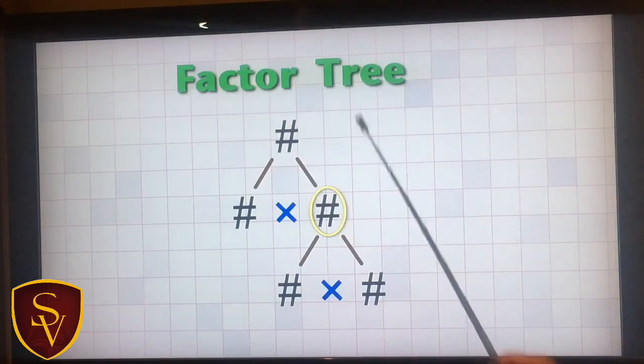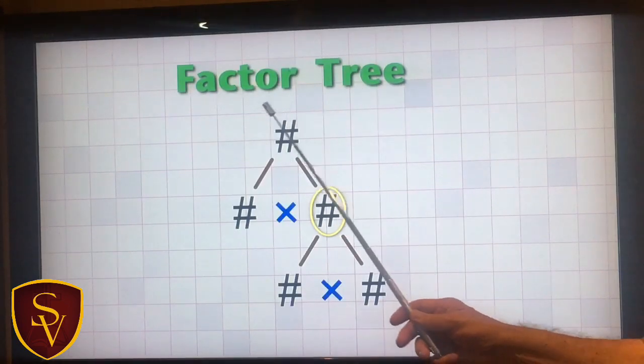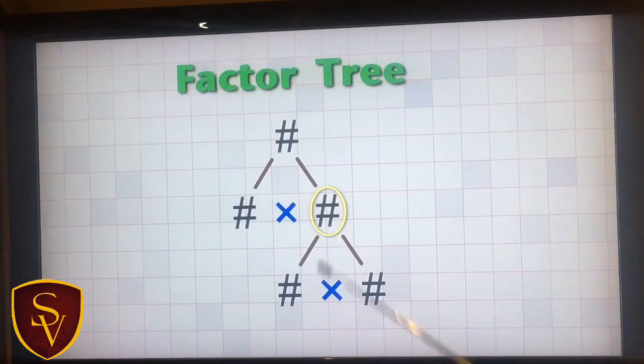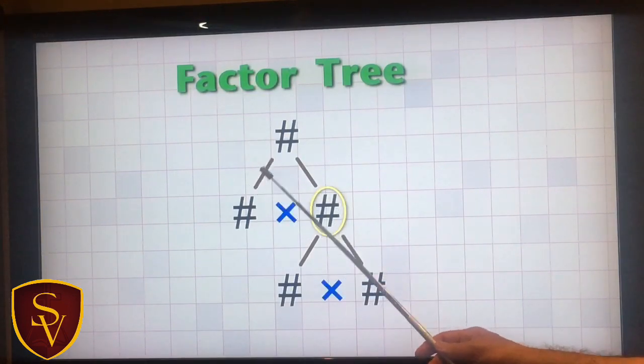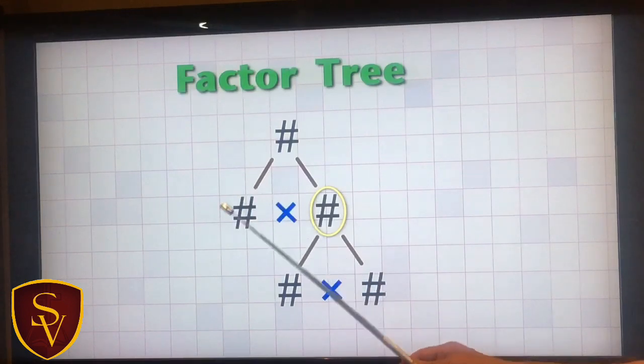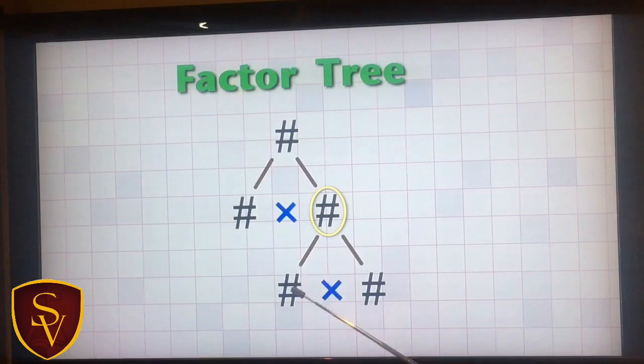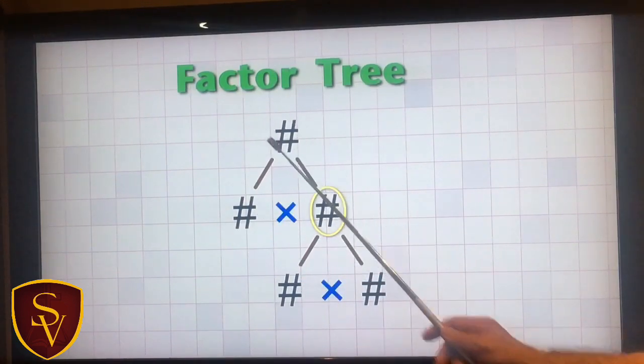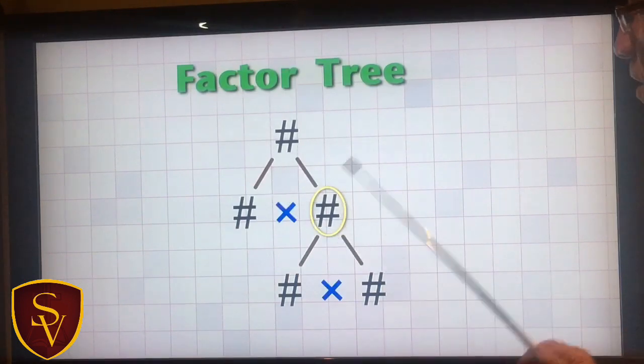A factor tree is a method in which, when you have a number that you know has 2 factors, you divide it into 2 branches, and maybe each of those has 2 other branches, until we get to the last prime numbers. And then we're going to have prime factors which, multiplied, are going to give us the original number. This is called a factor tree. An example is as follows.